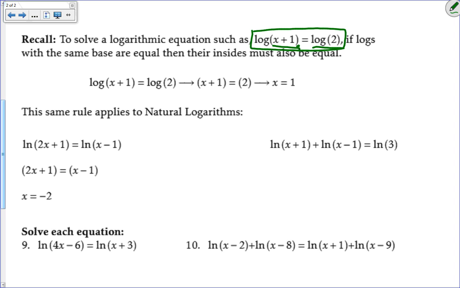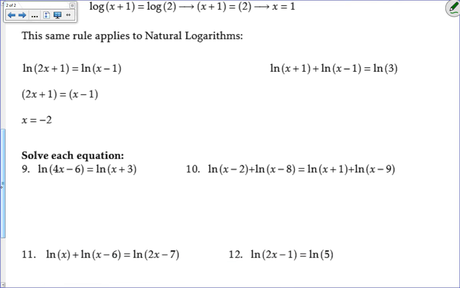So this same idea is going to hold now for natural logs, okay? So if we have a natural log on both sides, we can just set what's in the parentheses equal to each other and solve, okay? So let's look at this together.